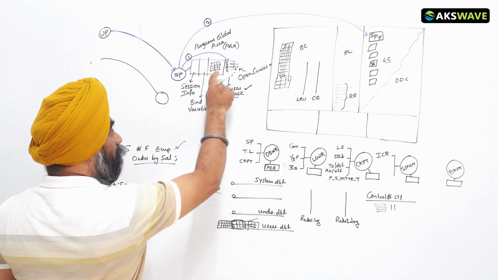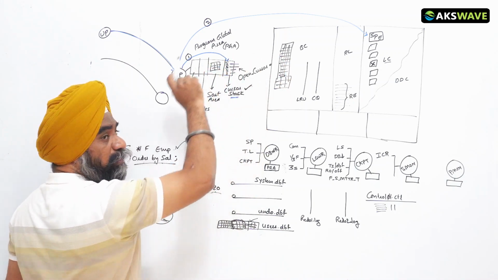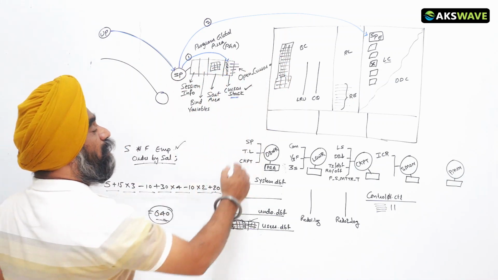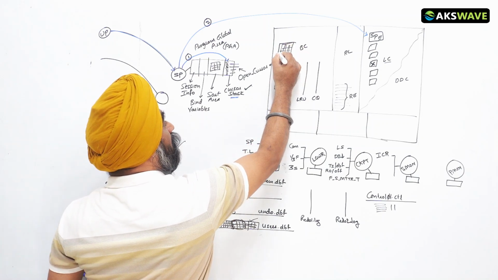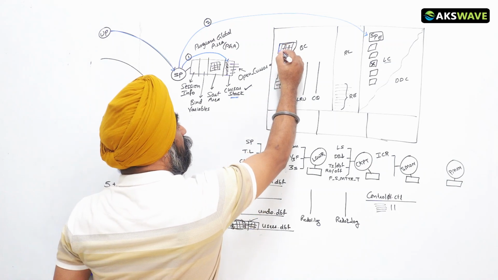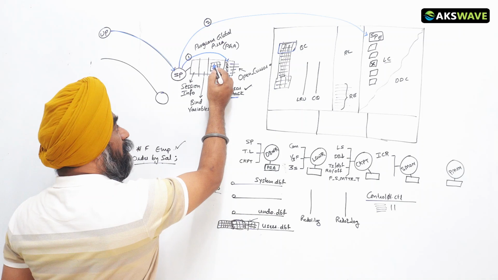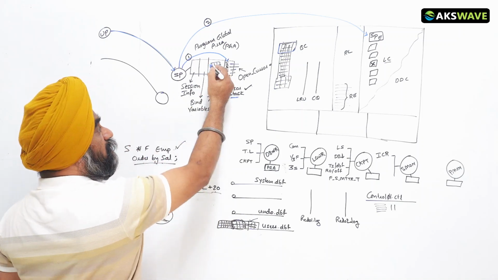I don't have enough PGA sort area to keep the whole table in it and process. Not possible. So what I will do is take a portion of data from here, some set of blocks, keep it here in the PGA, and then arrange them in order and process it.